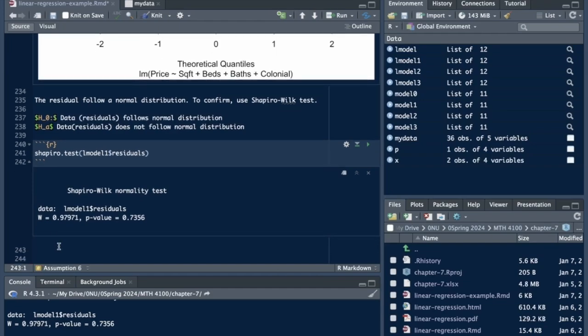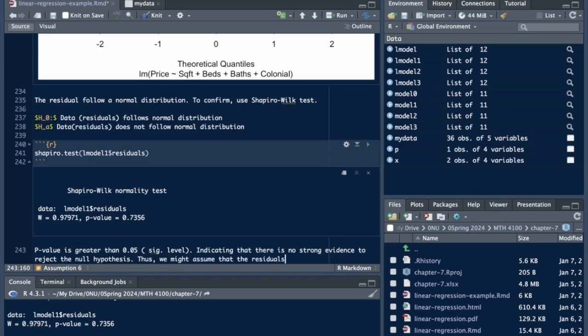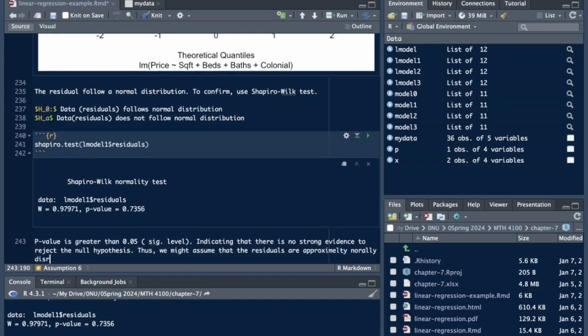So let's write this down. The p-value is greater than 0.05, which is the significance level, indicating that there is no strong evidence to reject the null hypothesis. Thus, we conducted 2 tests and both of them confirmed that we have normality in the residuals. We might assume that the residuals are approximately normally distributed.